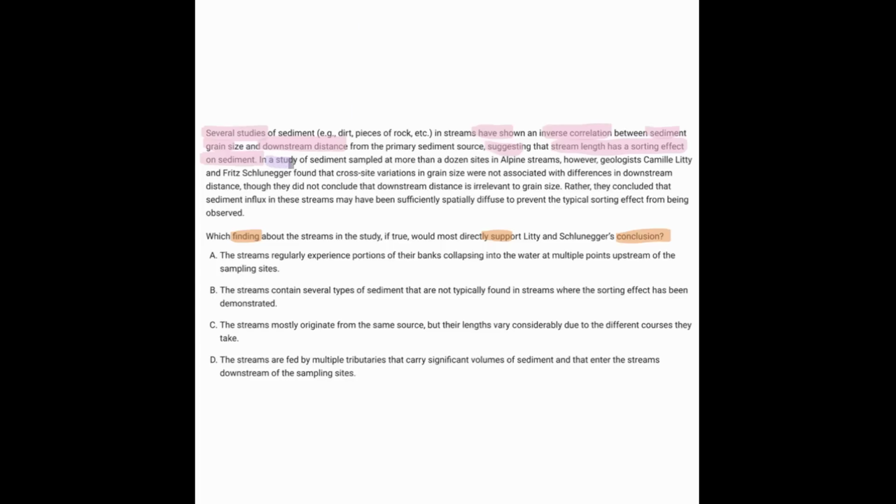So here, in a study of sediment sampled at a bunch of sites, however, these other scientists found that cross-site variations in grain size were not associated with differences in downstream distance. In other words, they're not being sorted. The variations in size are not associated with the downstream distance.